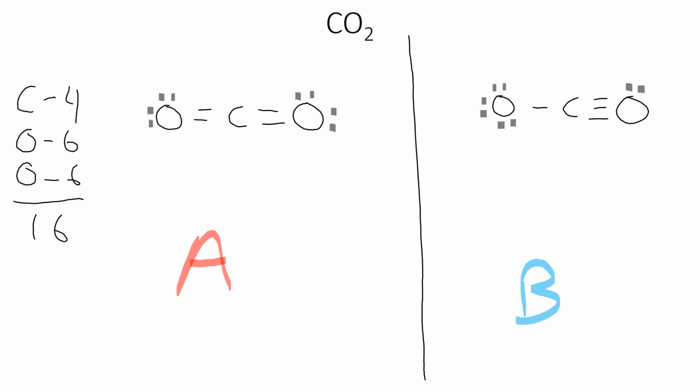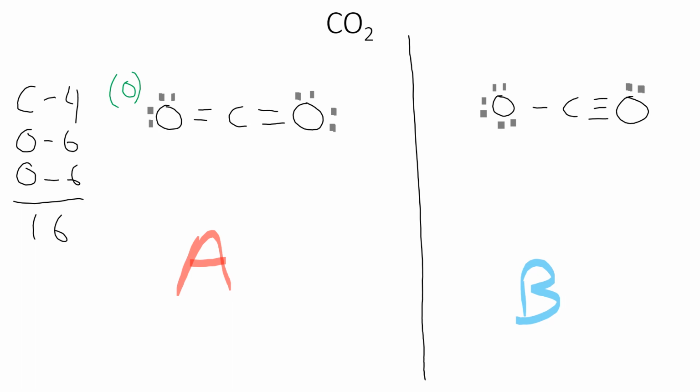So if we go through and assign formal charge for each atom in this structure, starting with A, the oxygen on the left would have a formal charge of 0. Why? Because it has 6 formal electrons matching its 6 valence electrons.